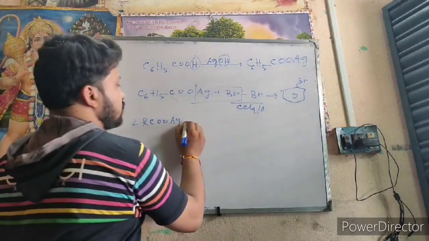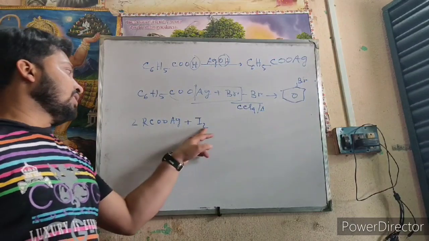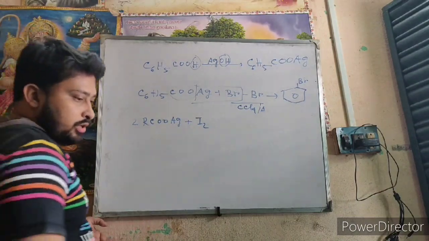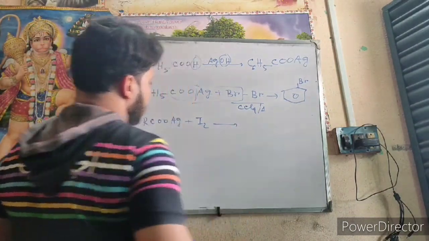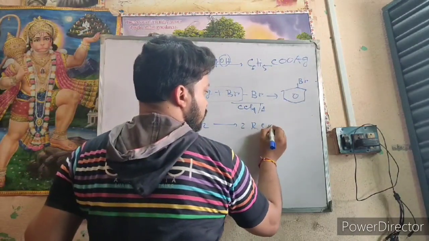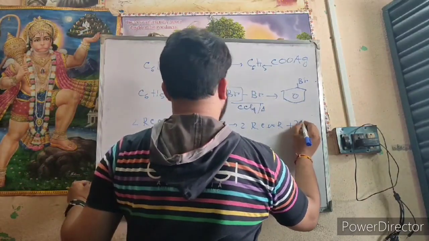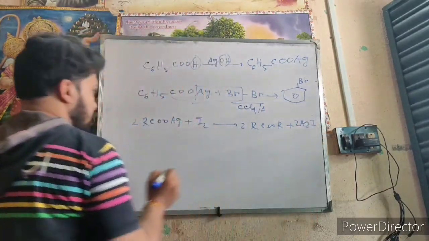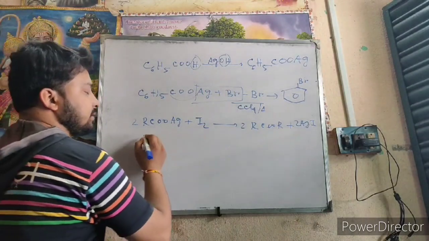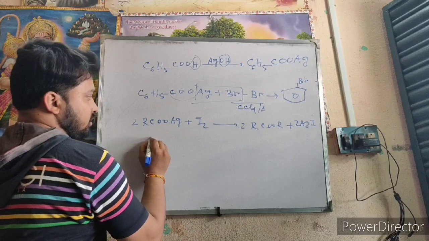Now if we use 2 moles of RCOOAg and react with I2, you get the form of an ester, that is 2RCOOR plus 2AgI. This is another reaction. This is not the Hunsdiecker reaction.